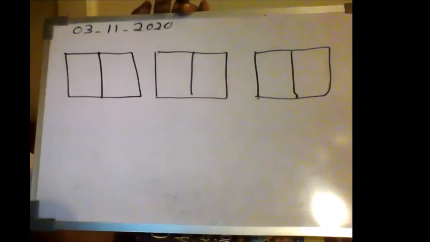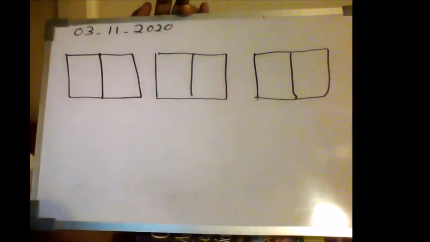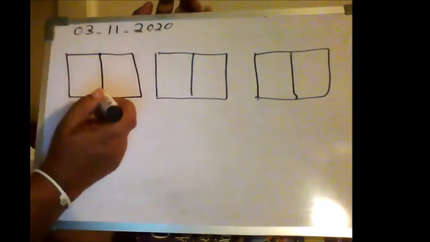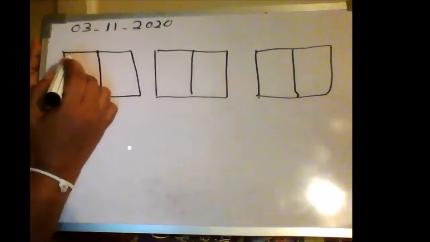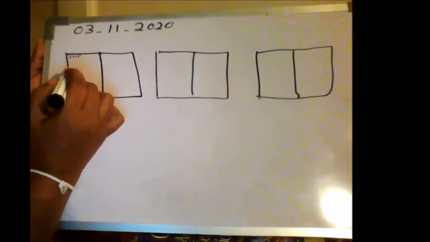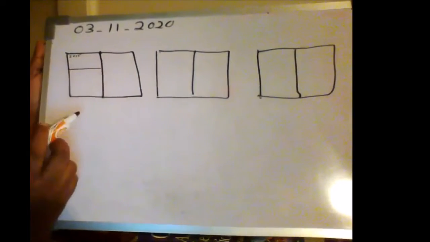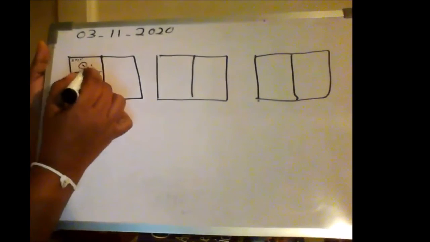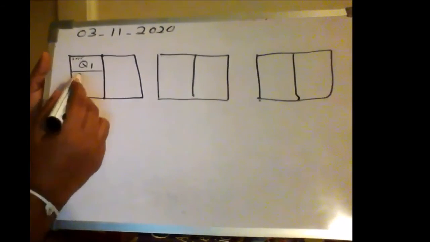This side, 2 sides. This side, 2 sides. In this side, write the question. We'll say 2015. Put 2015 and write the question in this upper part. That's question 1.